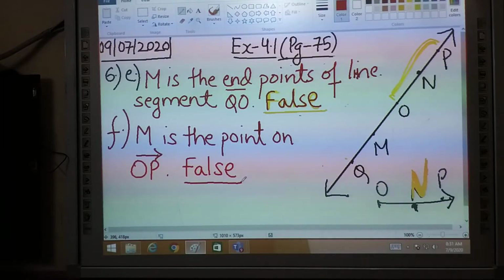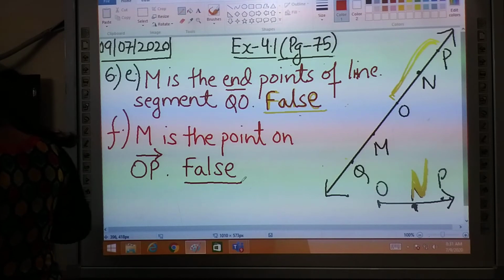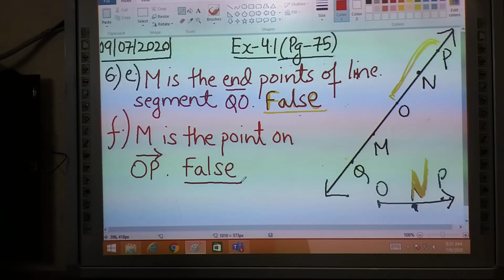Now moving on to the next part of the question, part G. The statement says ray OP is different from ray QP.